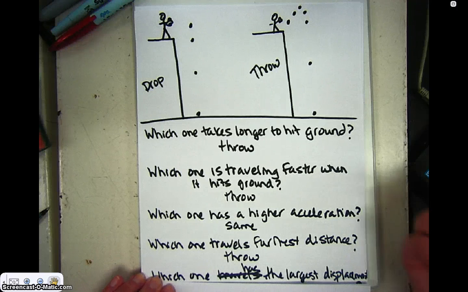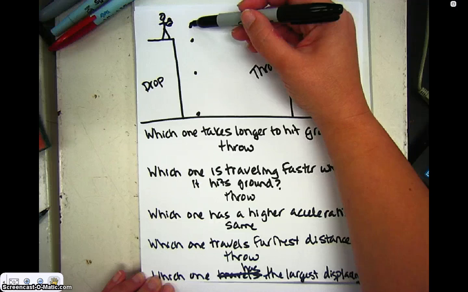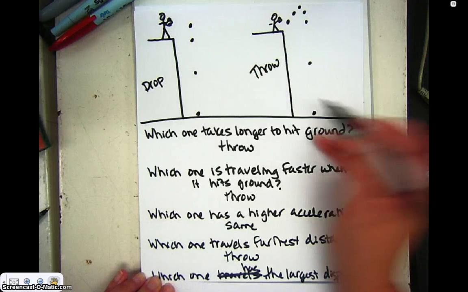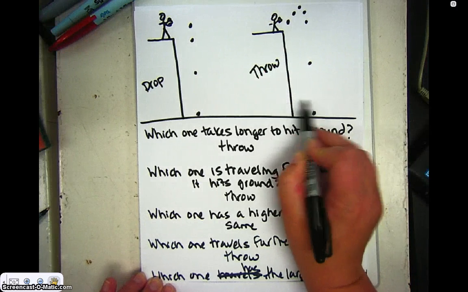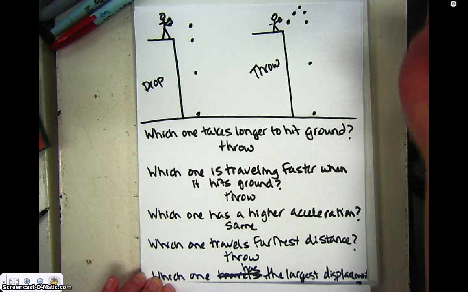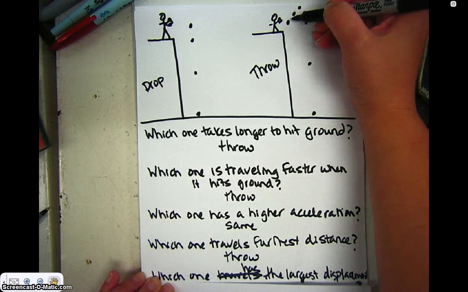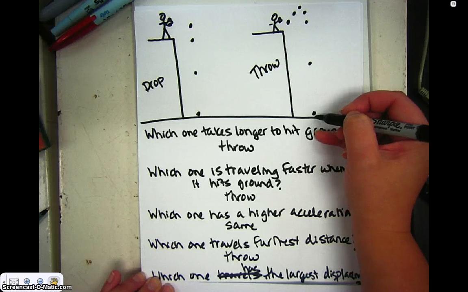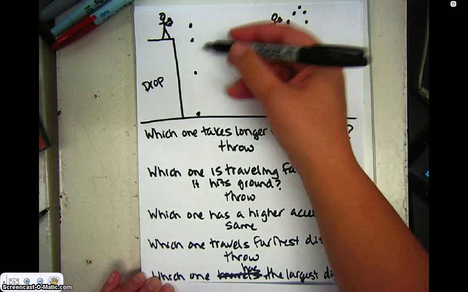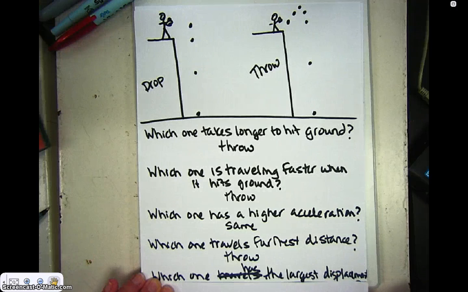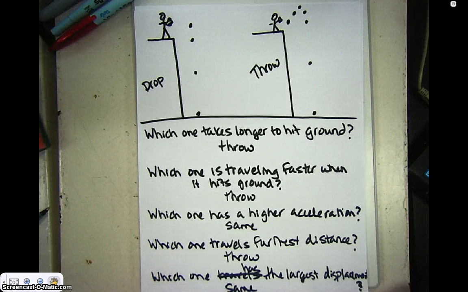So in this case, my original position is here, and the final position is at the ground. And again, remember I said we were going to ignore any horizontal motion here. So my original position is at the top of the cliff, and my final position is at the bottom of the cliff. So essentially, their vertical displacements should be exactly the same.